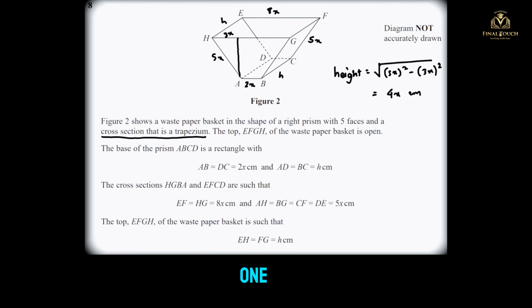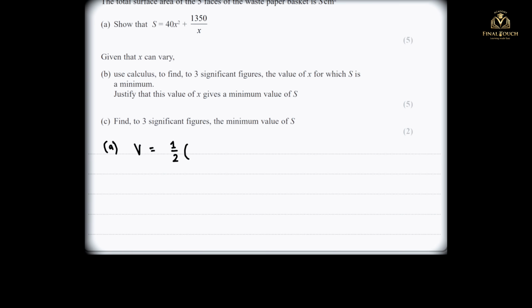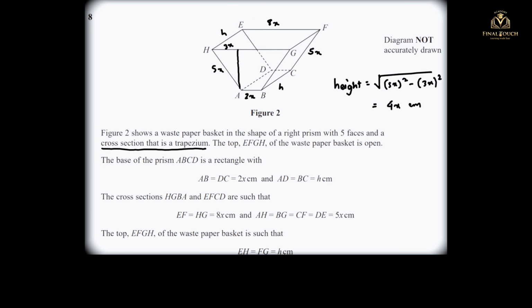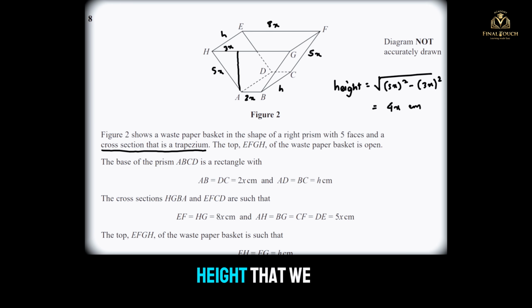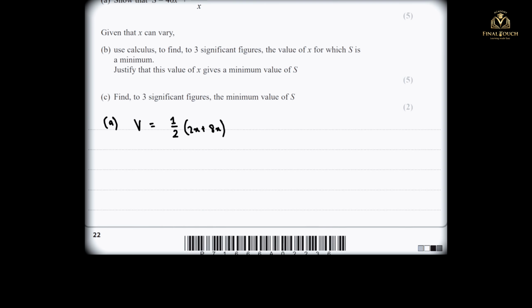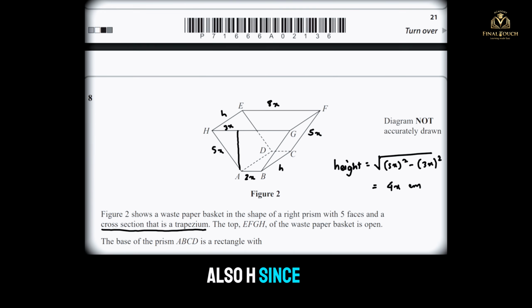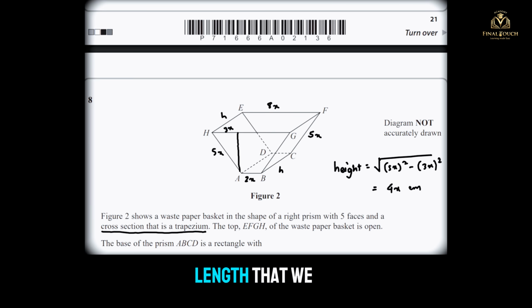For this one, we can write a as 2x and b as 8x. So 2x plus 8x, and obviously the height that we found, which is 4x, and also h, since this is the length that we have to use to find the volume.